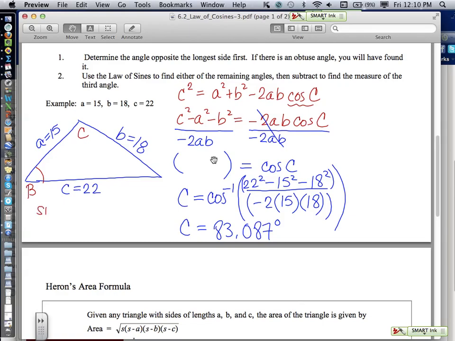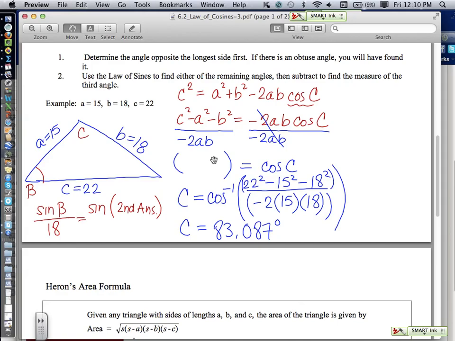So we have the sine of B divided by side B, which is 18, and that equals the sine of C, and I'm going to put that right here on the board as second answer, because that's what I want you to use when you make your calculation.